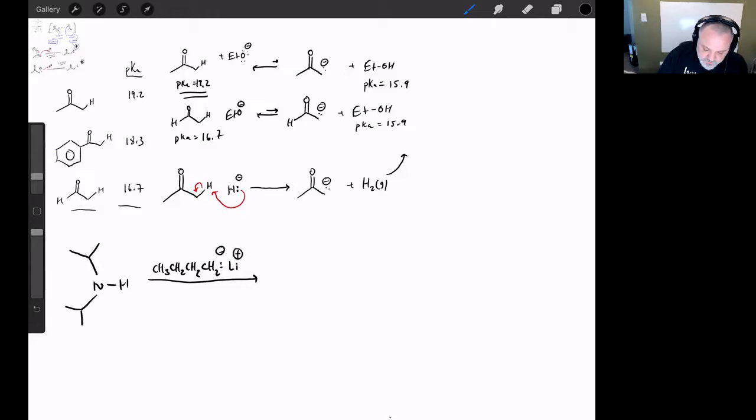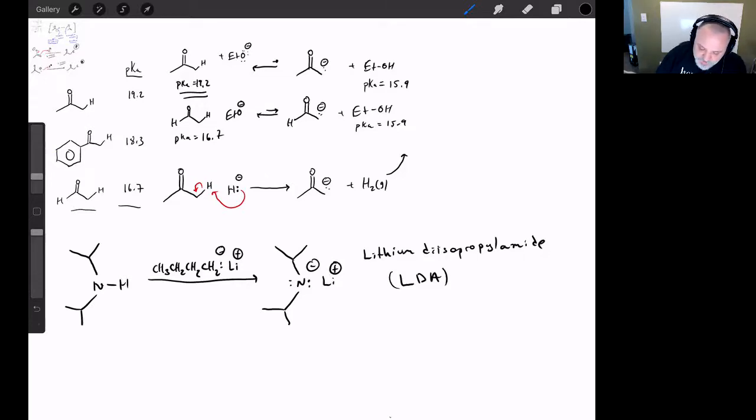So we can take butyl lithium and form this salt. And this is called lithium diisopropyl amide, or LDA for short.